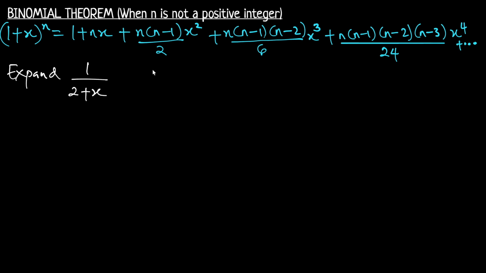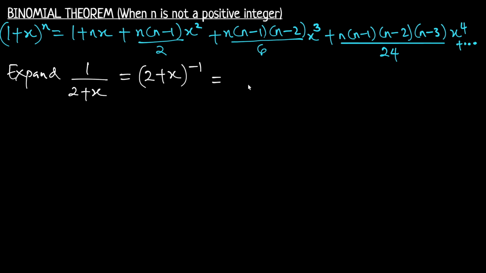All right. So what if we have some other values other than 1? 1 over 2 plus x. So this is 2 plus x raised to the power of negative 1. All we can do here is to make sure this is written in the form 1 plus x to the power of n, because here we have 2 plus x to the power of negative 1. So let's rewrite it so that it fits in this narrative.